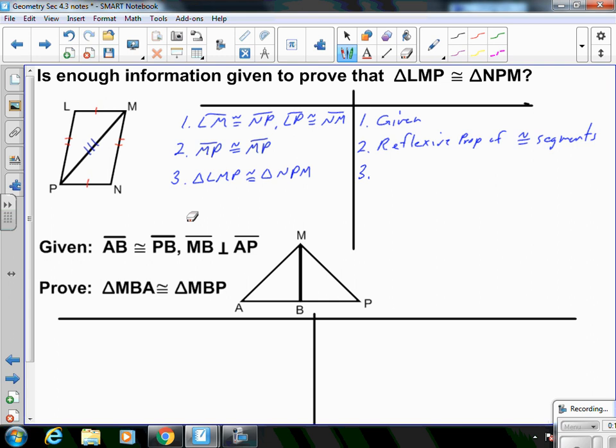And by what reason, anybody? So all three sides marked congruent. So it's side, side, side, SSS. And so is enough information given to prove that the triangles are congruent? Ultimately, the answer is yes. Yes, there is.